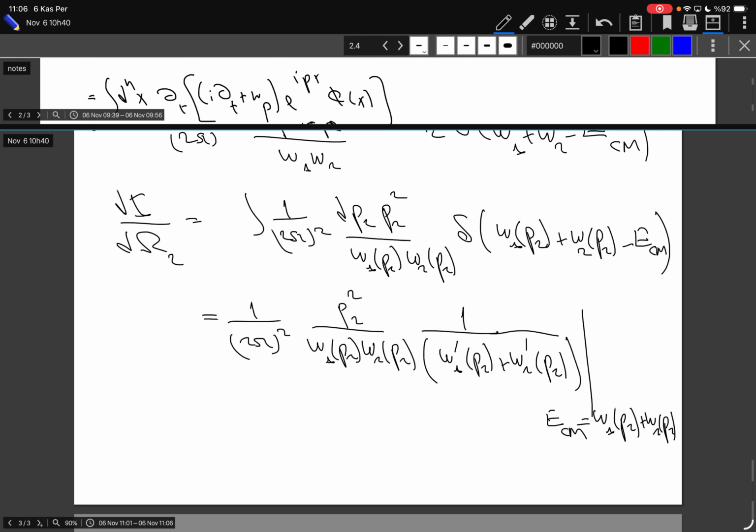I can do a bit more. You see, omega is square root of P squared plus M squared. So omega prime will be P over omega. I can take those derivatives.